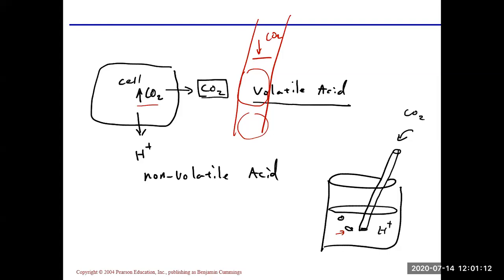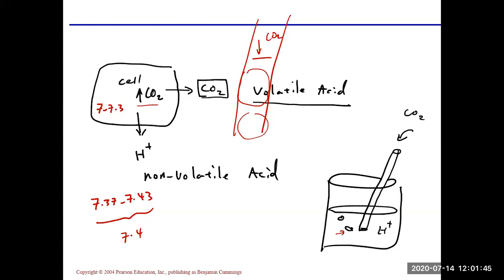And that's a big problem, obviously. Now, inside of the cell, we want the pH to be about 7.73, and outside of the cell, we want it to be about 7.37 to 7.43, which we can average to about 7.4. That's our mission. So even though the hydrogen ion is going out, we've got to deal with it so that we don't run into a problem.